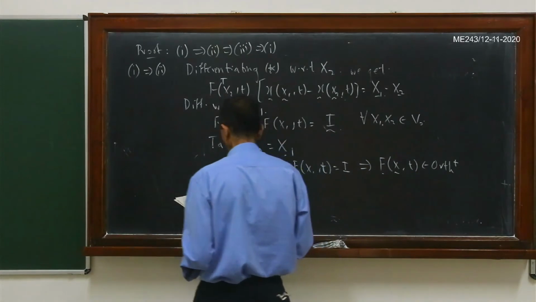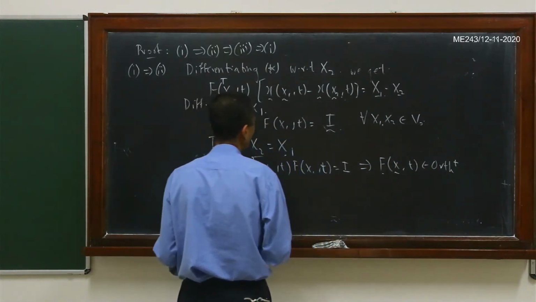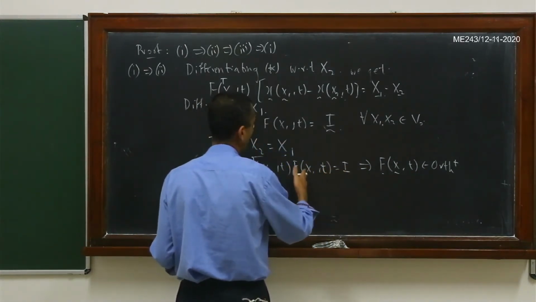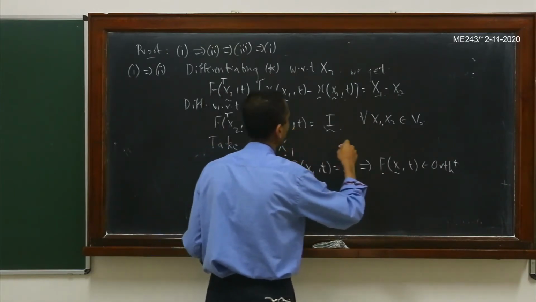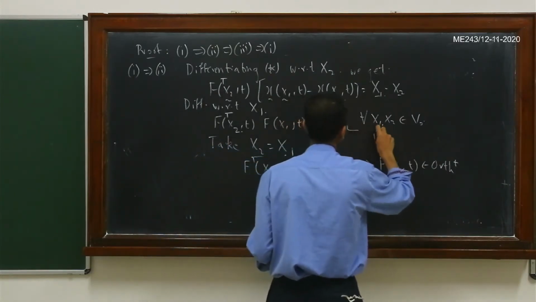Okay, and then what I can do is go back to this particular relation, let me just write this as 1.